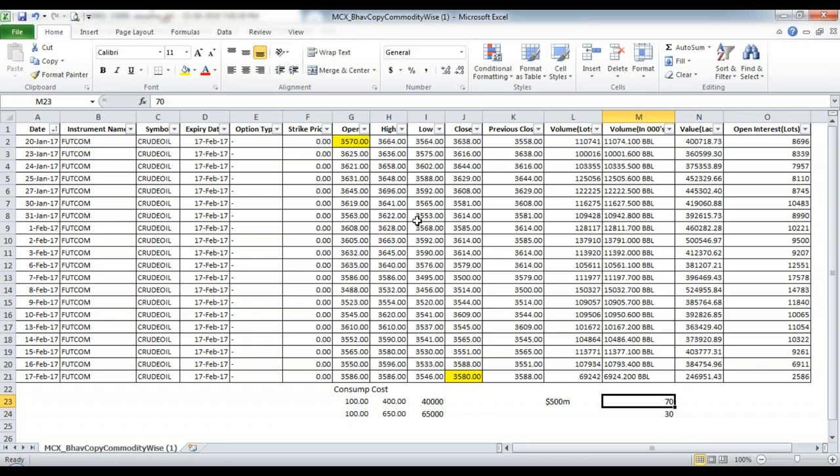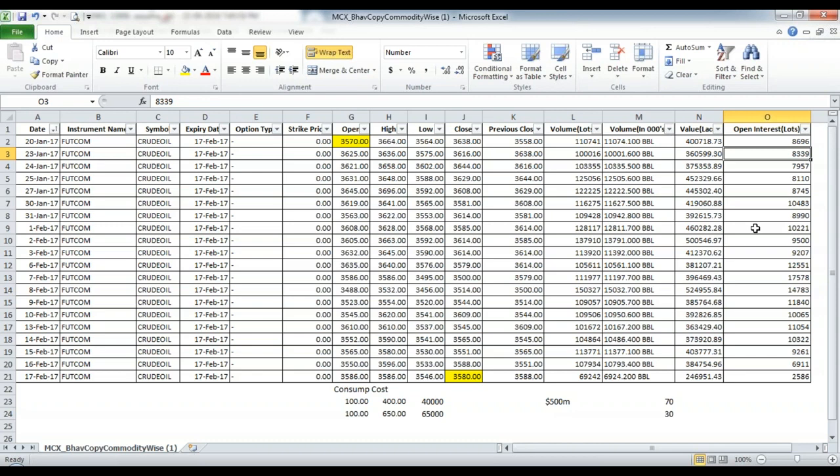Yes, sir. Okay. Now tell me, if suddenly the open interest increases, what will it induce in your mind? Is selling happening? Is buying happening? Selling. Selling is more.